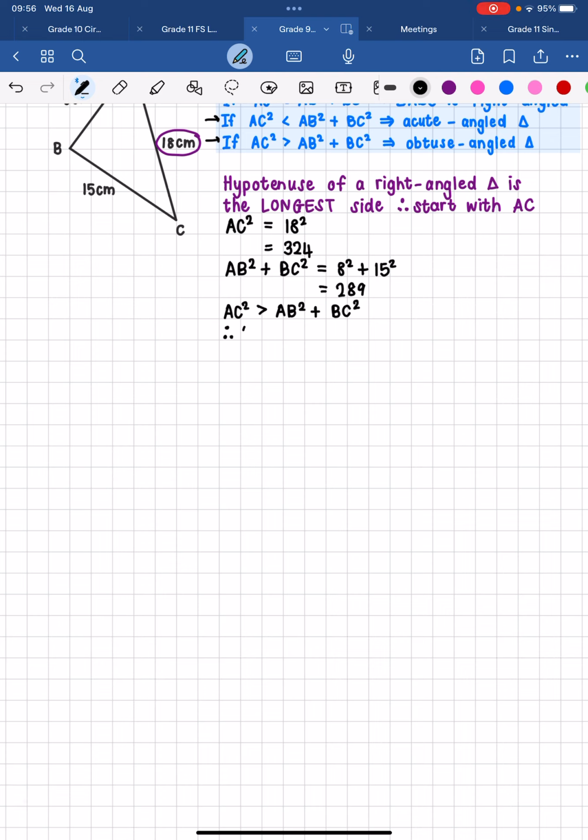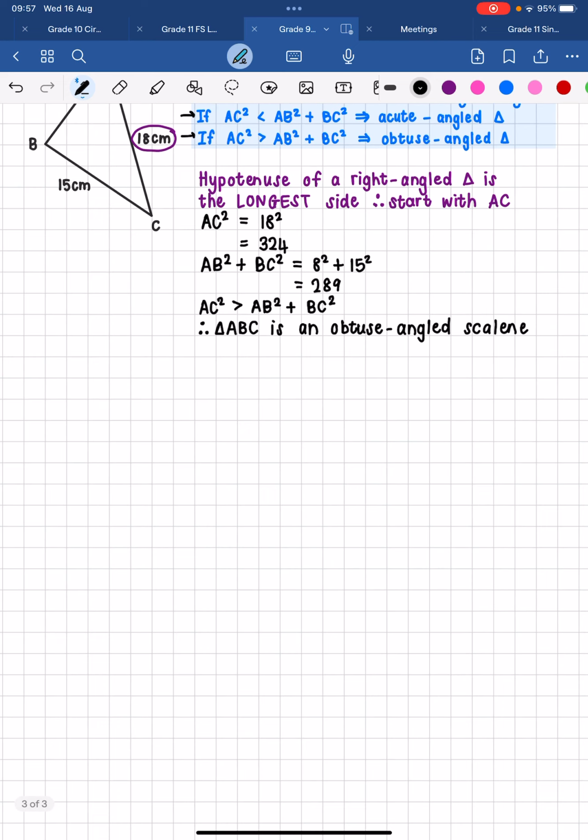Therefore, triangle ABC is obtuse angled. And then what else did we say? Scalene triangle. Okay, you have to mention both of those classifications in your answer, please.